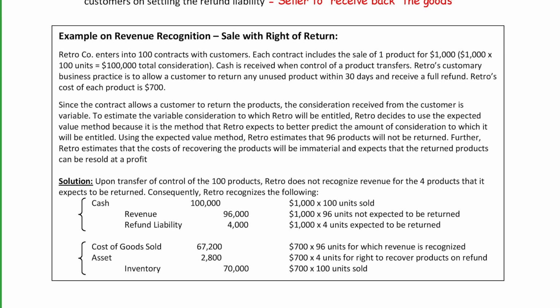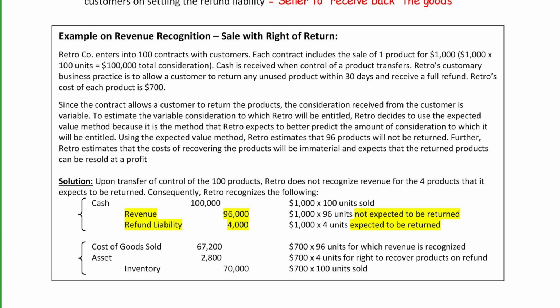So looking at the solution, Retro transfers control of 100 products, but recognizes revenue for $96,000. So that's the 96 units not expected to be returned. The remaining 4 units is recognized as a refund liability for $4,000. So these are the units which are expected to be returned.